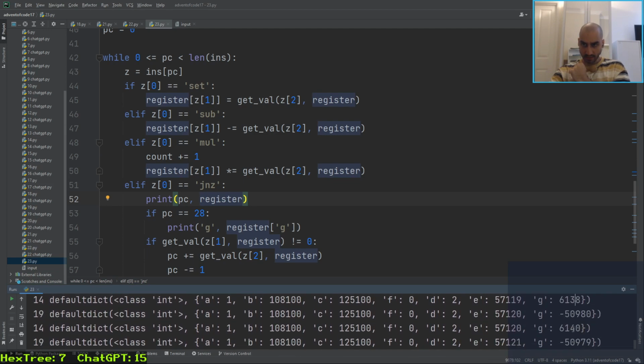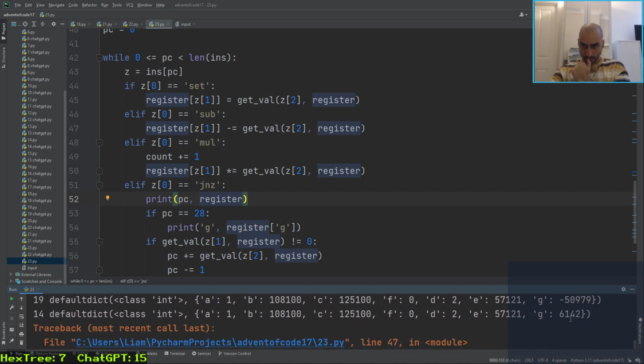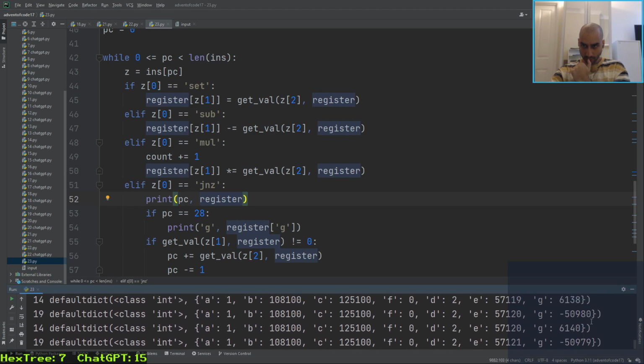6136, 6138, 6140, 6142. G is increasing by 2. Whenever it's at 14, it's increasing by 2.